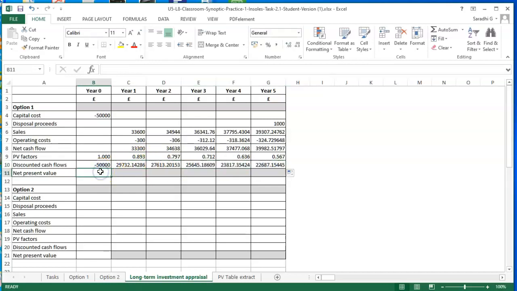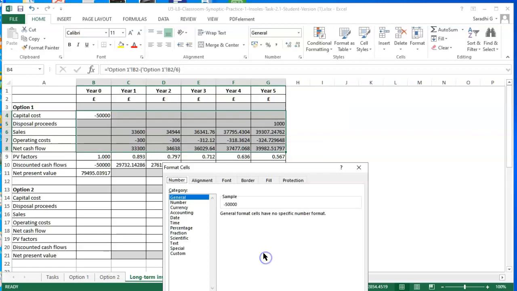Last, you need to calculate the net present value, which is the capital outlay plus the sum of all the remaining discounted cash flow from year 1 to year 5. That is giving you 79,000 something. Just make sure all the currencies are formatted so that there are no decimal places.